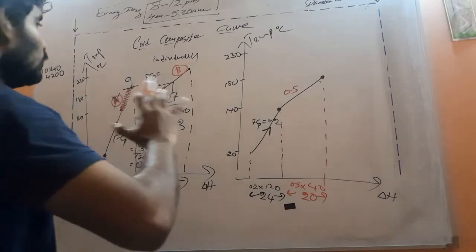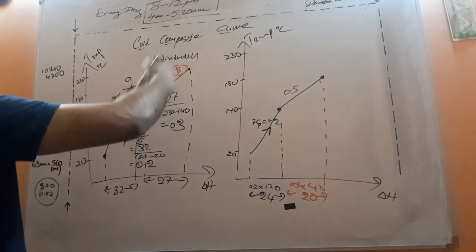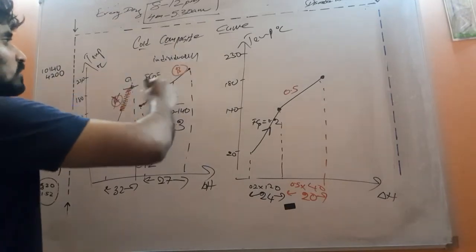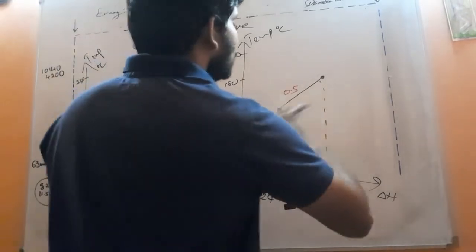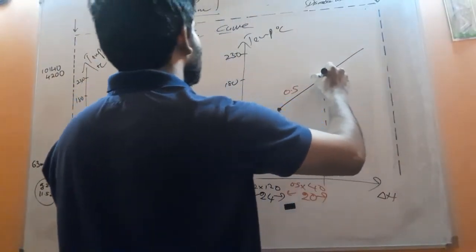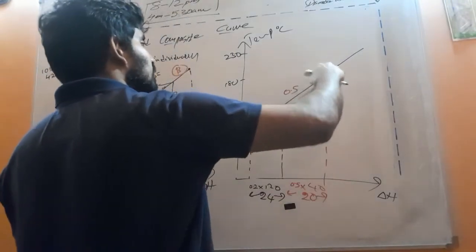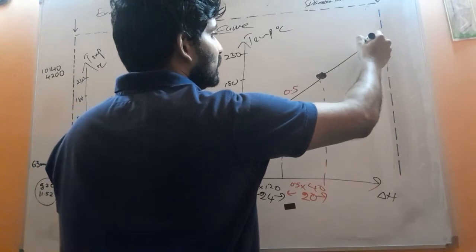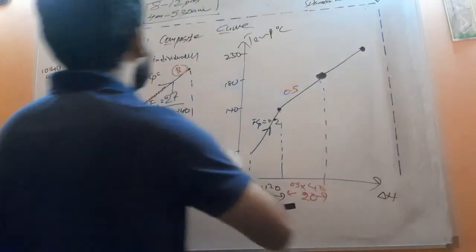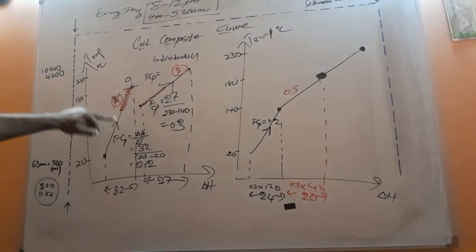The only curve that you can use to relate the temperature ranges from 180 and above is only curve B. So only curve B, 180 to 230. This is the 180 point, 180 supply, and this is 230 target. So the only curve you can use is curve B, because for the temperatures above 180 you cannot use curve A.